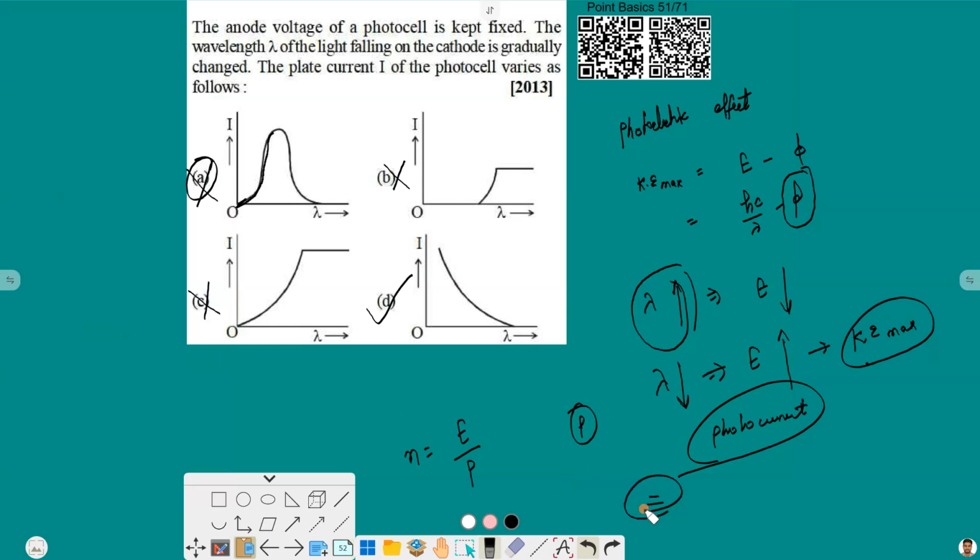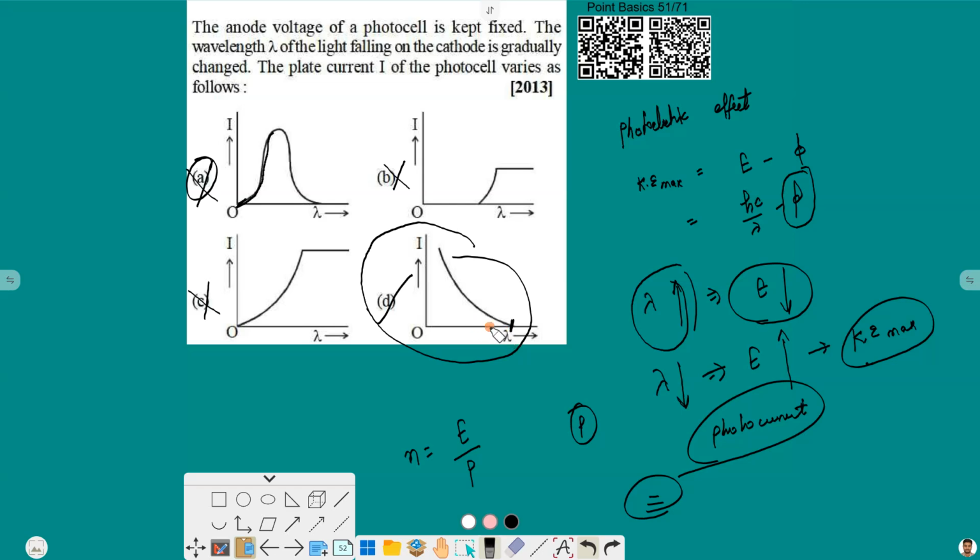We found out that if we increase the lambda, then energy will decrease, and if energy decreases, then maximum kinetic energy will also decrease. So the only possible answer was option D for that one, because after a certain wavelength there will not be enough energy for the electrons to get ejected, and so current should become zero.